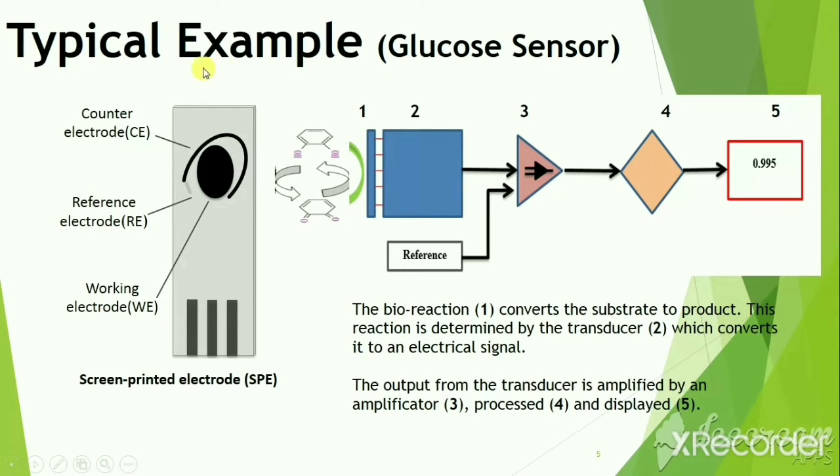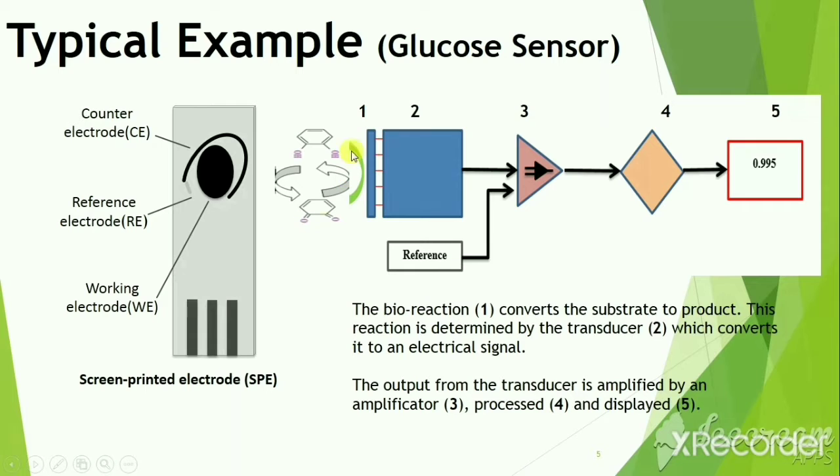As a typical example of a sensor, we find the glucose sensor. We almost all know a person who is diabetic. So for sure you have seen this electrode before. This electrode is called a screen printed electrode. It contains 3 electrodes: counter, reference, and working electrode. The working electrode is where the reaction occurs.